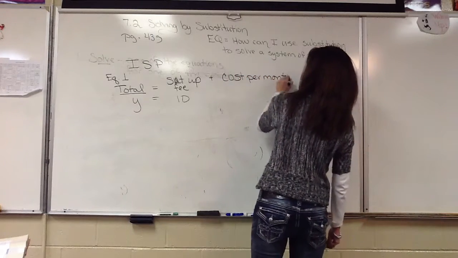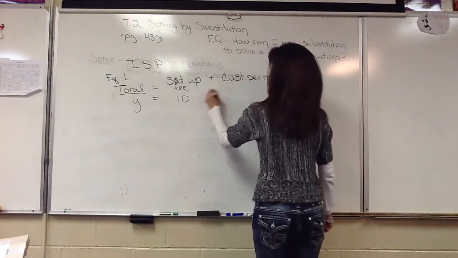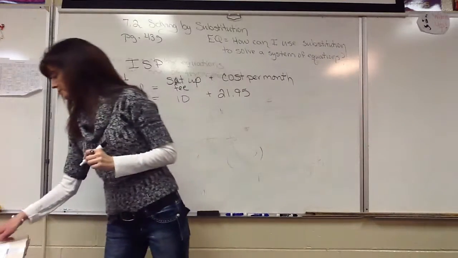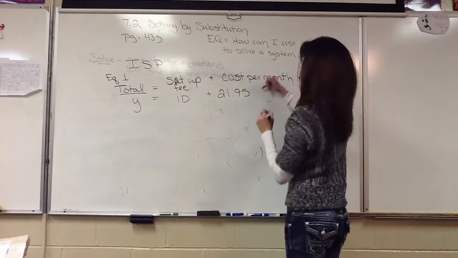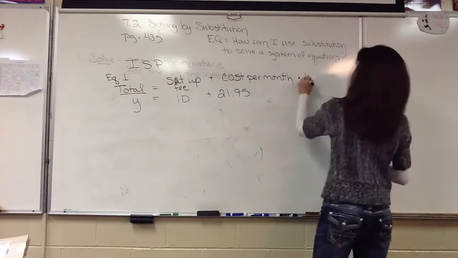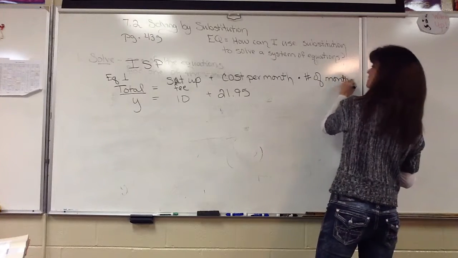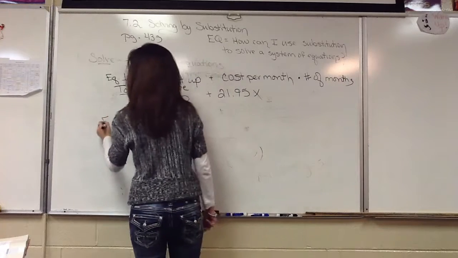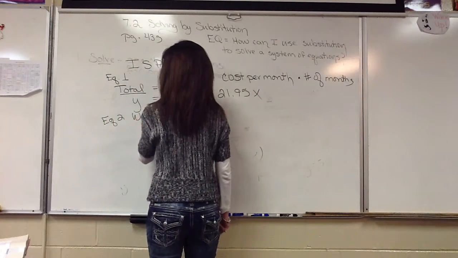So from our chart, we see that our cost per month is $21.95. And then, of course, we have to consider the number of months that we're going to need this. So we will multiply the number of months times the cost per month. And because we don't really know that, that's our x value. That's our unknown. Okay, so now we're going to take equation 2, which is our website company.